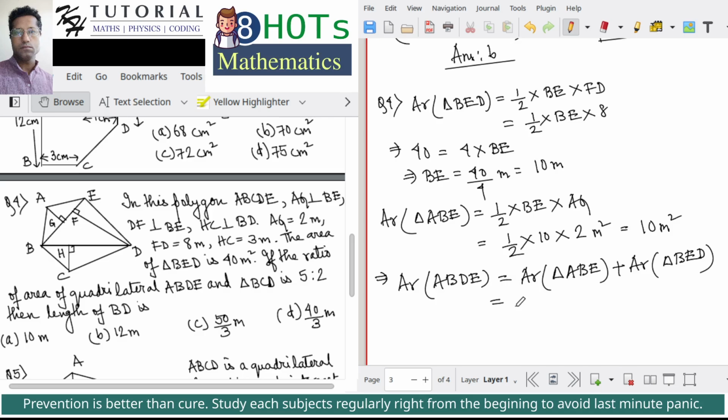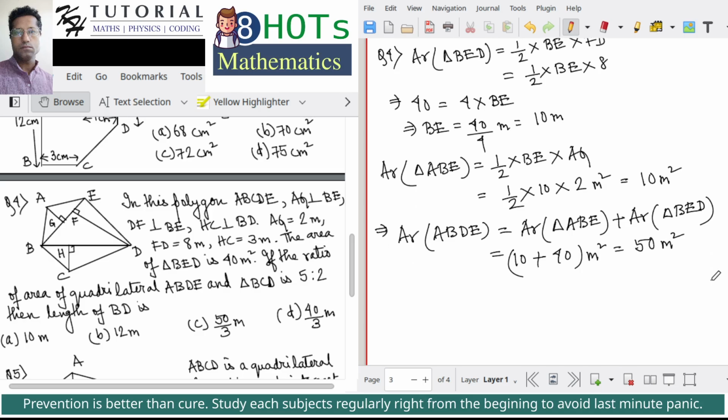Area of triangle ABE we have found to be 10 and area of triangle BED is given to be 40. So it will be 50 meter square. So the area of the quadrilateral ABDE is 50 meter square.